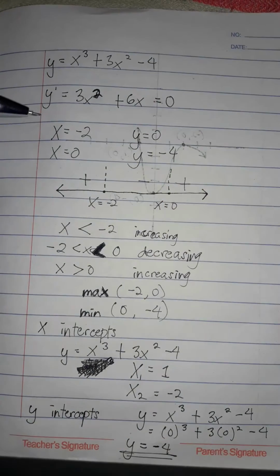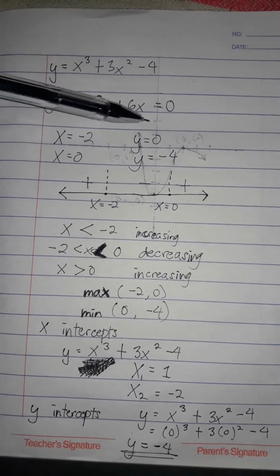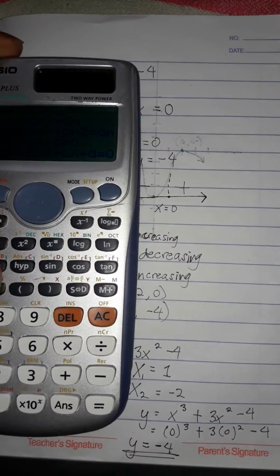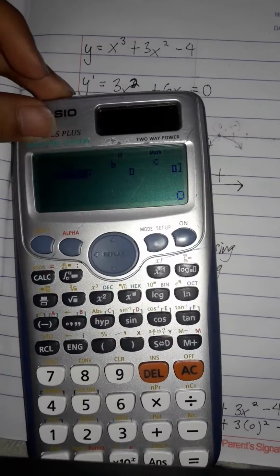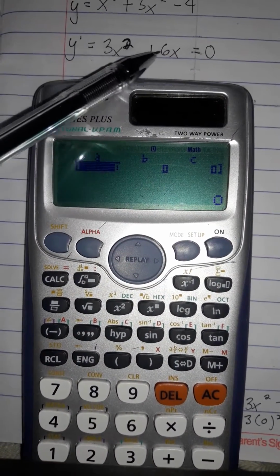So, to get the x, we're gonna need to plug this equation into the calculator, in which we equated it to 0. So, we have here 3x squared plus 6x.